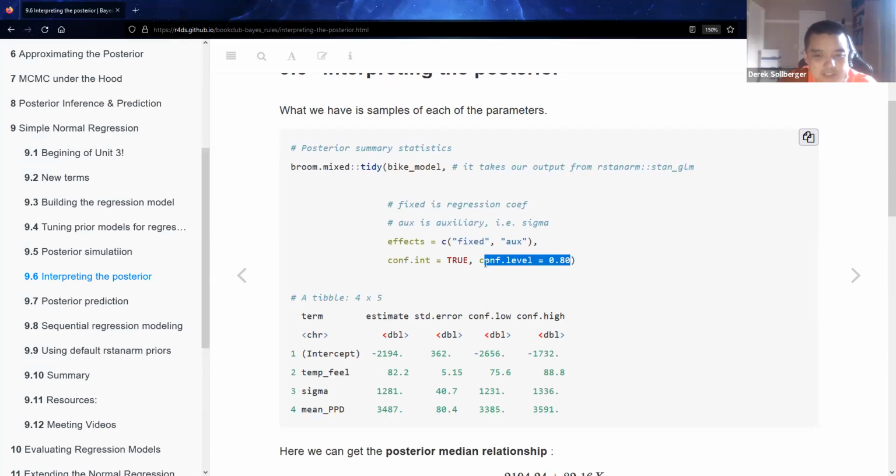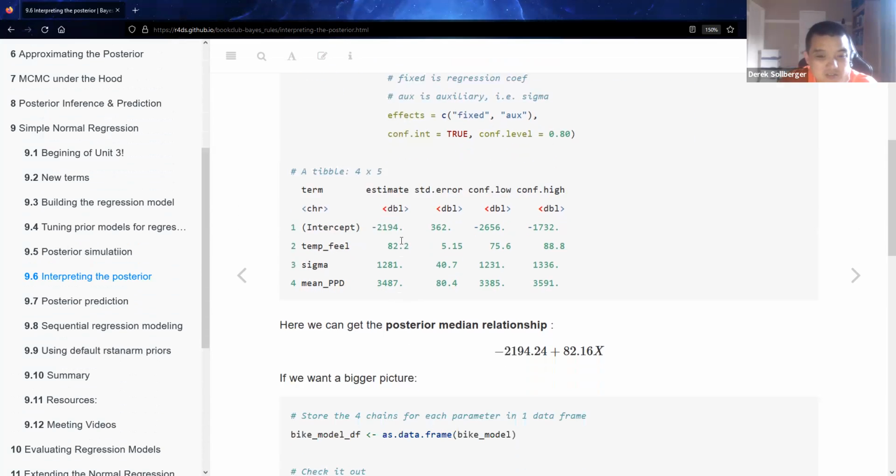For now, maybe seeking 80% confidence. We have our coefficients. This is an estimate for beta naught, the intercept. This is an estimate for beta 1, the slope.